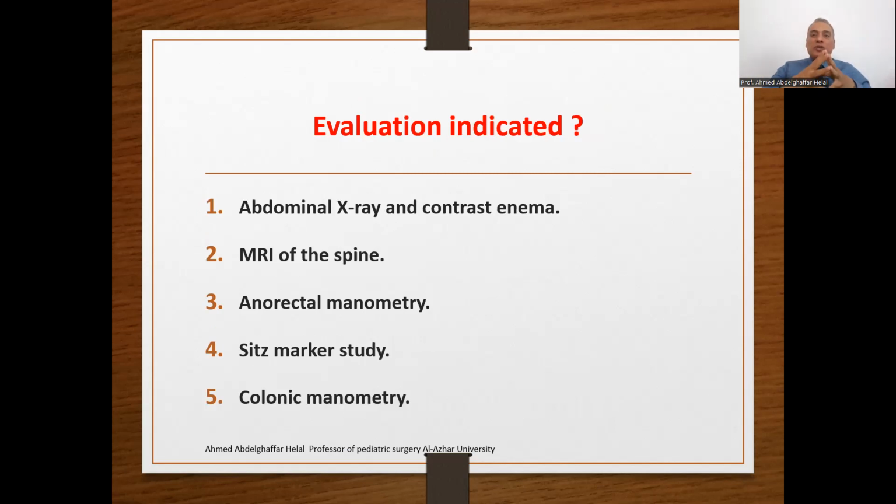Yes, after failure of the medical treatment by the enemas and by the stimulant laxatives in a child with functional constipation, the pediatric surgeon will order abdominal X-ray and contrast enema, MRI of the spine, anorectal manometry, marker study, and colonic manometry.